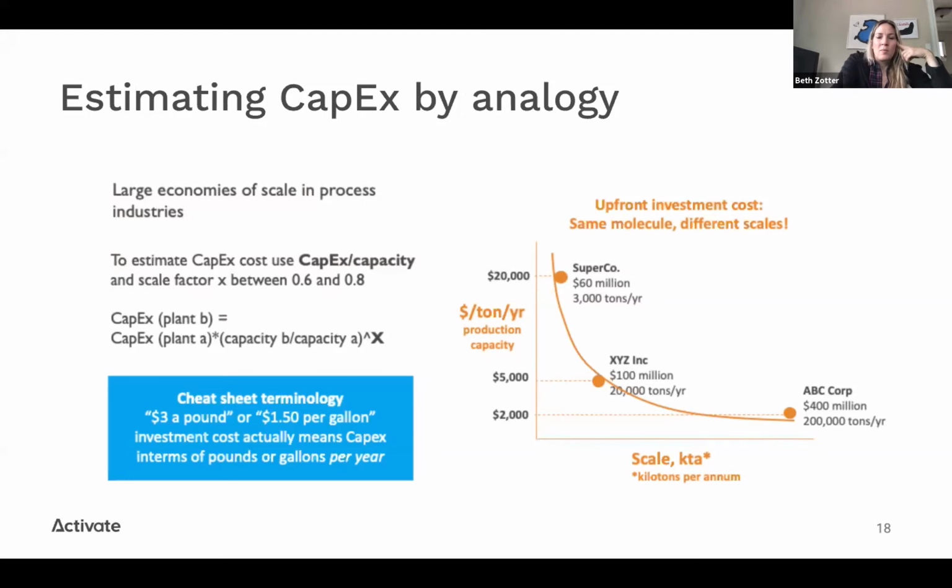So one of the back of the envelope tricks you can use is to try to find data from existing commercial facilities on the capital investment cost, and then use what's called a scale factor to estimate what the cost of a similar type of facility would be, based on the relationship between the capital investment cost and the size of the facility using its capacity, its output in terms of tons per year or gallons per year, whatever that is.